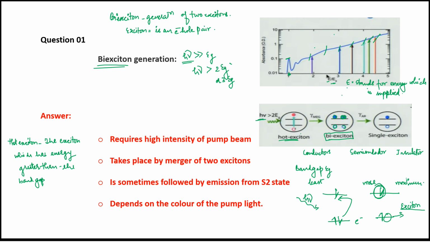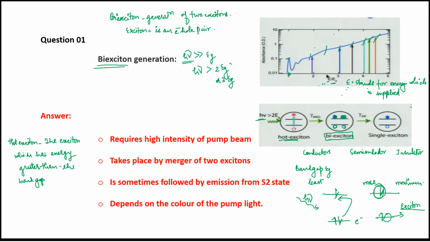Definitely. Now see, this whole process of bi-exciton generation does not happen at 100% probability. There are chances it will happen, or there are chances it may not.